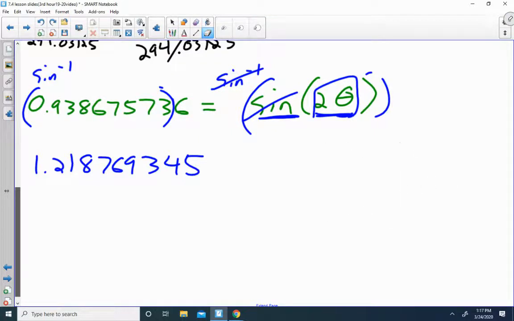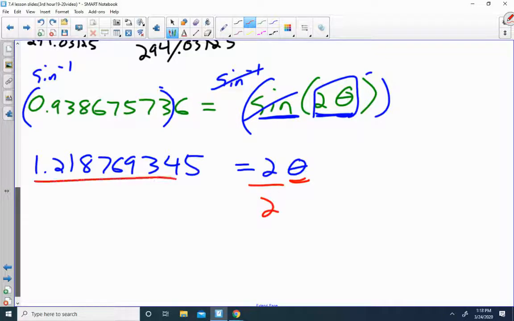And that is going to be equal to 2 times the angle. Now here you're basically almost done. We almost have our angle by itself. The last thing you need to do is to get rid of the 2 by dividing. So when you do that, your angle is this whole thing divided by 2.